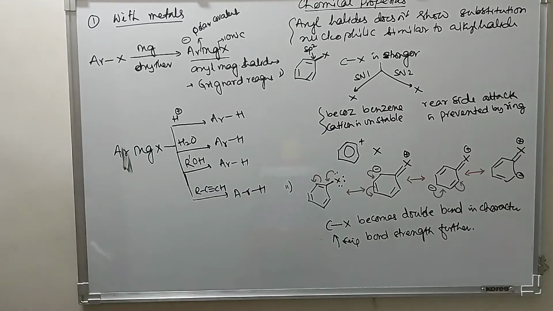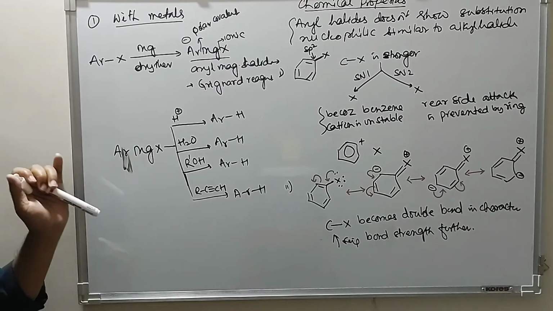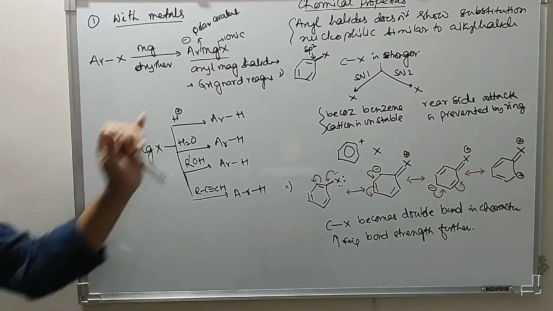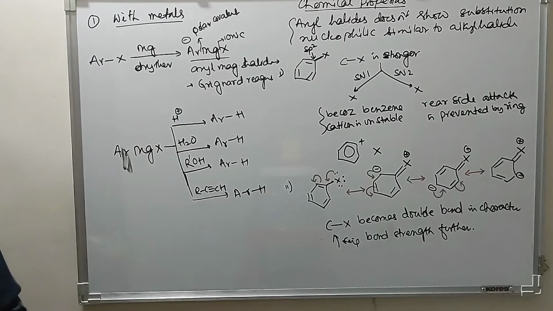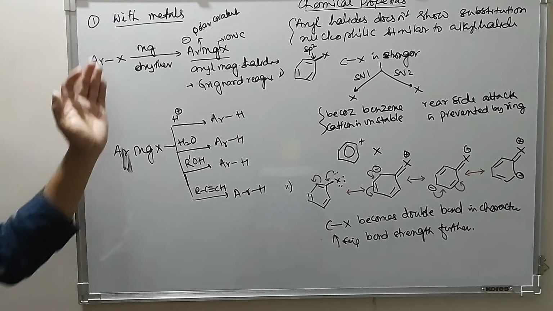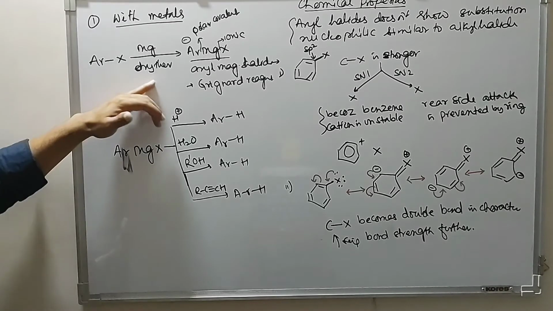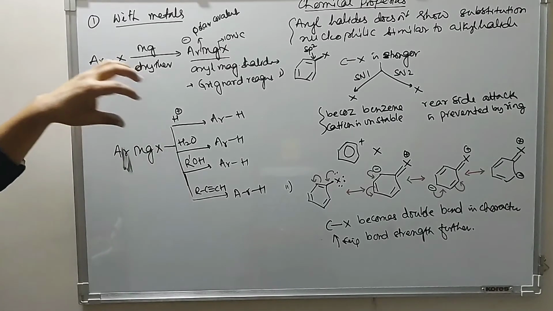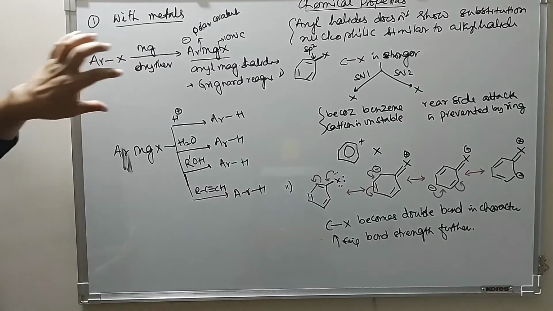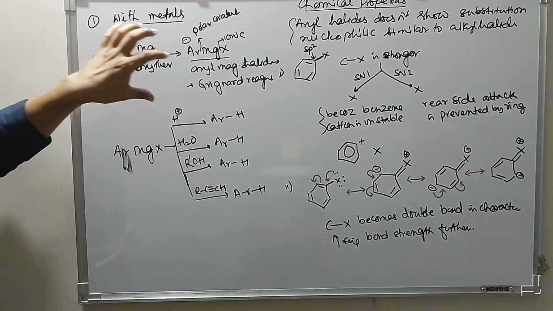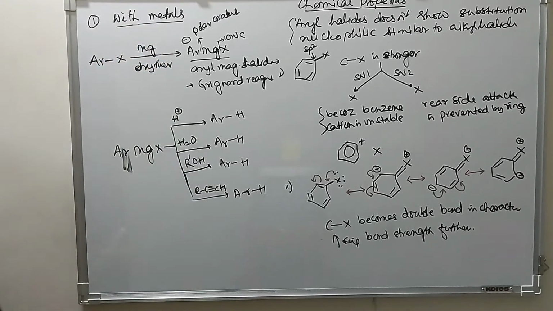So in presence of protic solvent or acidic hydrogen, these Grignard reagents are destroyed, giving rise to arenes or benzenes. So this reaction is similar to that of alkyl halides. Alkyl halides react with magnesium to give you Grignard reagent, and this Grignard reagent is stable only in the absence of aqueous medium, or in dry solvent. So this is the reason why Grignard reagent is to be prepared in dry ethereal condition.